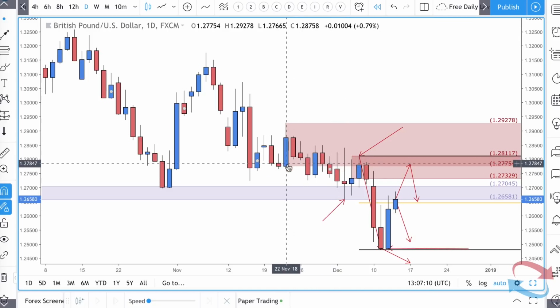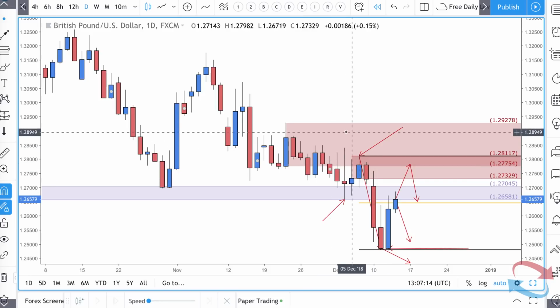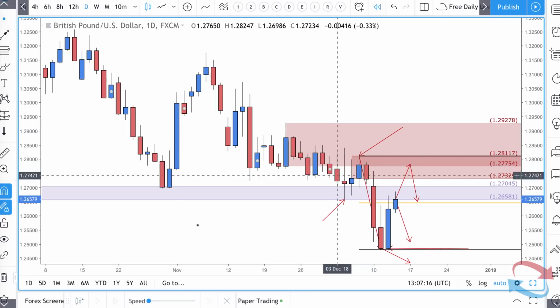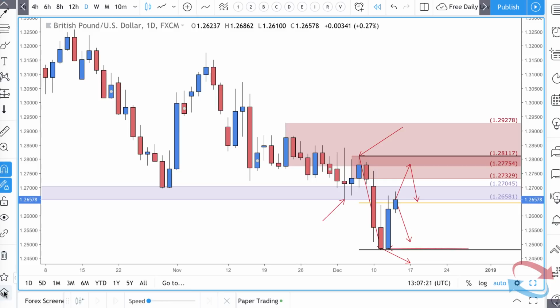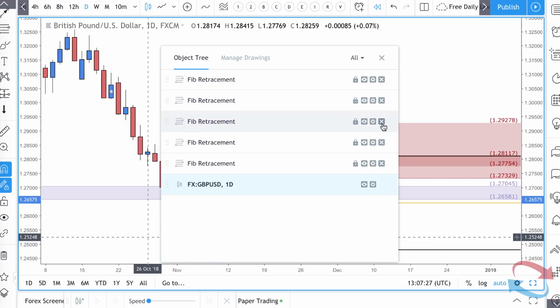You'll understand that this is making lower highs and lower lows, and this would be quite a large area of supply. So I'm going to clear this up, and I'm also going to give you some levels with which to look for prices coming back into this area.